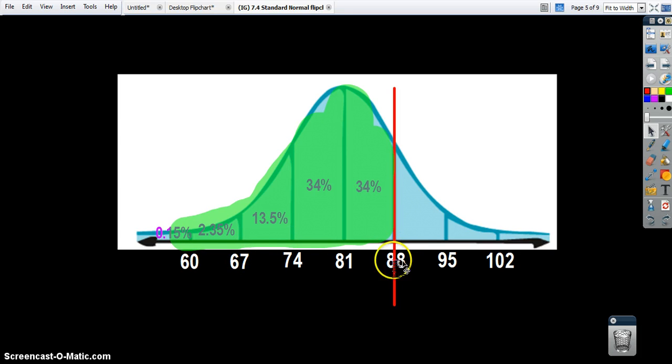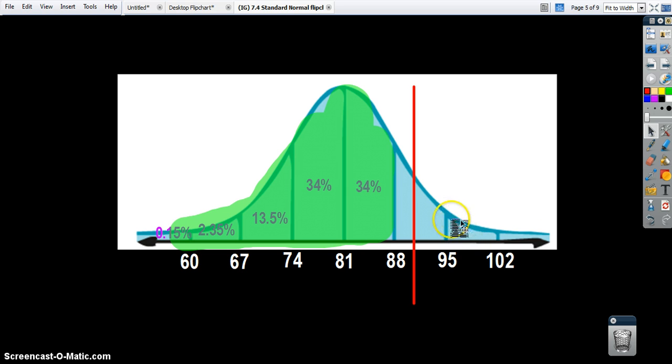The ones we did in class conveniently asked us about numbers exactly 1, 2, or 3 standard deviations away from the mean. It asked us about the numbers that were easy to find. But sometimes you're asked about a number that's not as easy to see, like what percent of kids made an A? So an A means higher than 90. So we're talking somewhere over here now.